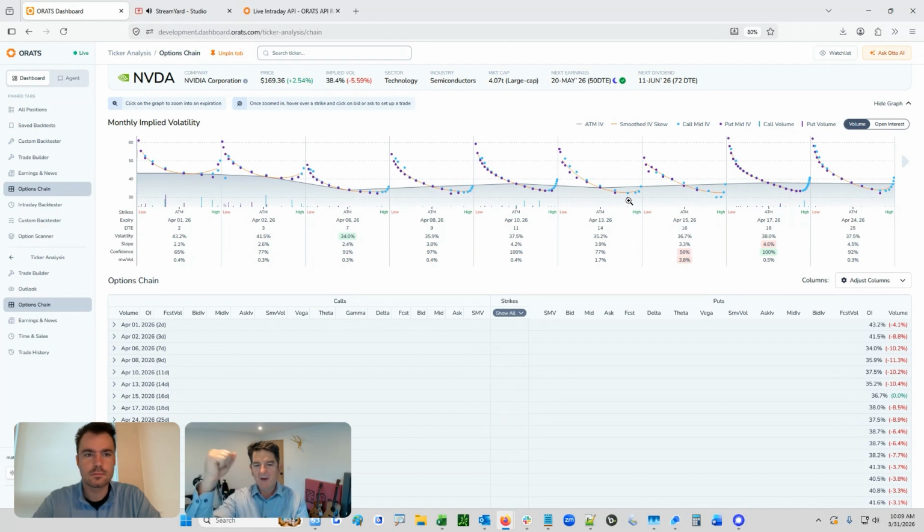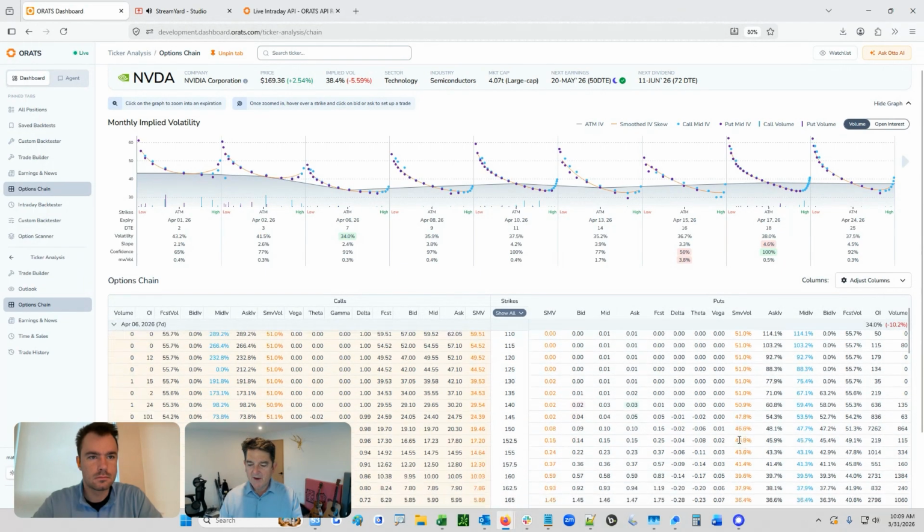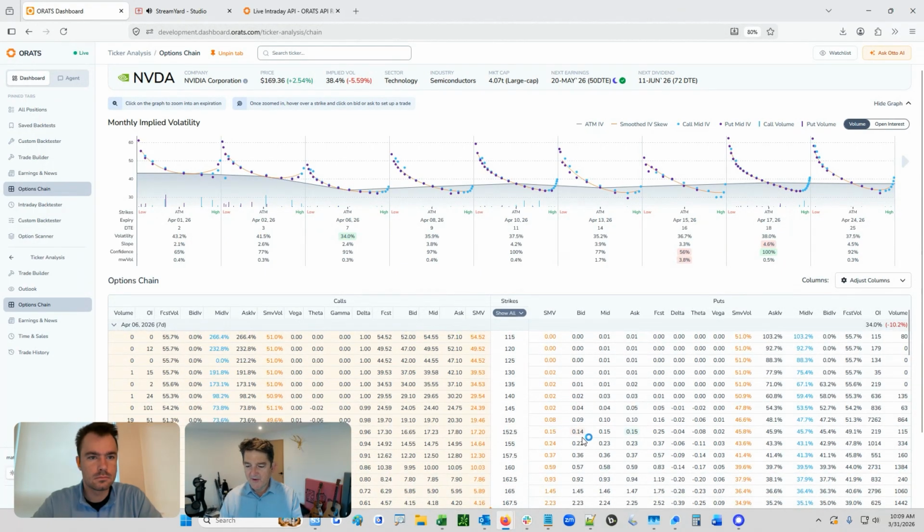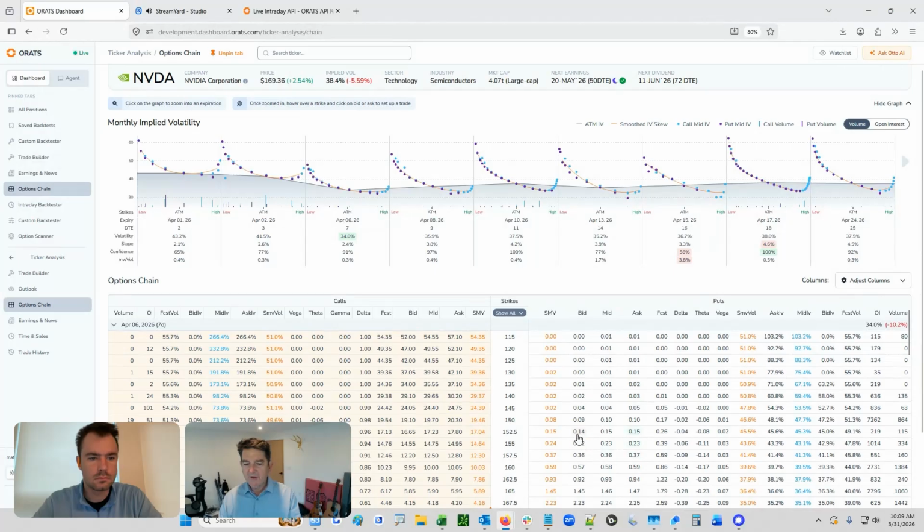Sometimes there will be mismatches, and supply and demand happens, and you'll get wide markets. We're in NVIDIA, so the markets aren't very wide, but you can imagine a wide market where the market might be 5 cents at a dollar, and you have no idea what the value is. Well, this skew would forecast that for you and give you what we call our SMV, or our smoothed market value, and so we present that.